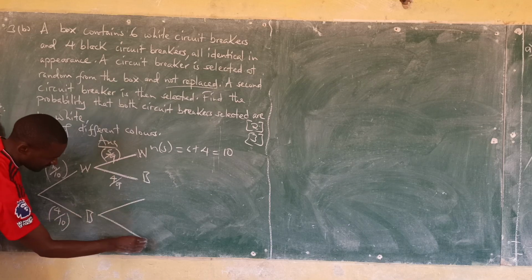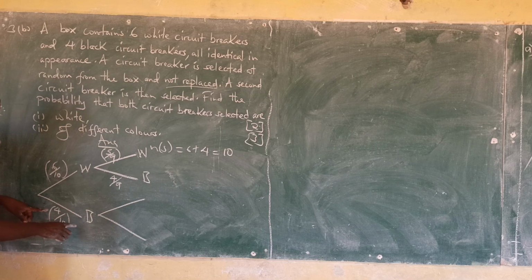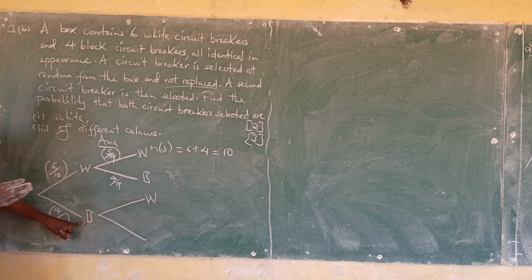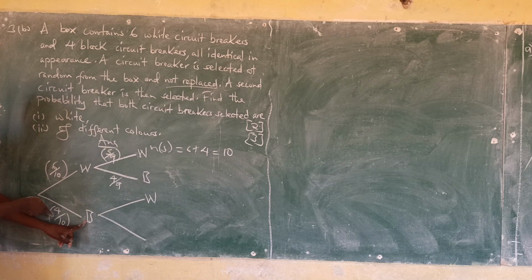If that does not happen, what can happen is the first one can be black, and if the first one is black, it means there will now be 3 black ones, and all in all there will be 9 circuit breakers. Out of the 9, the probability that you pick a white one, all the white ones, which is 6, are there, because the first one picked is black.